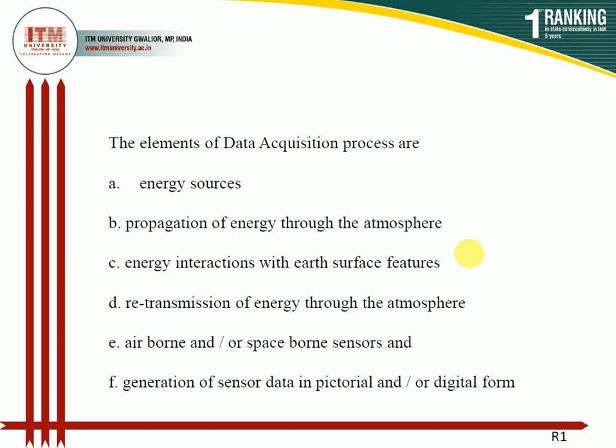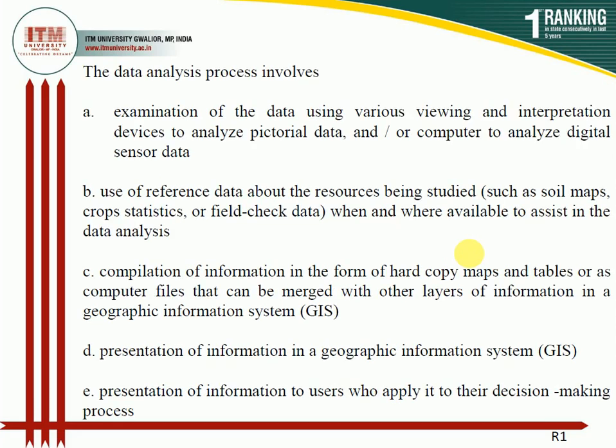So how the light interacts with the atmosphere, how the light interacts with the surface features of the earth, and how it retransmits or reflects back from the earth to the atmosphere, which type of sensors are used for capturing image of a particular land terrain, and which type of information is generated by that particular sensor. Those are the few things which we have to consider in remote sensing.